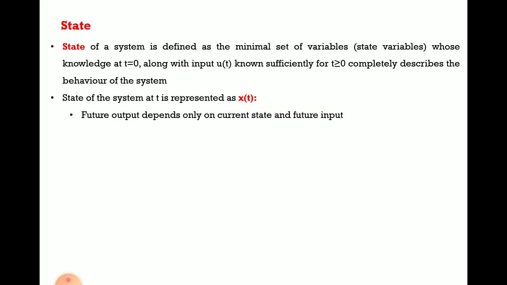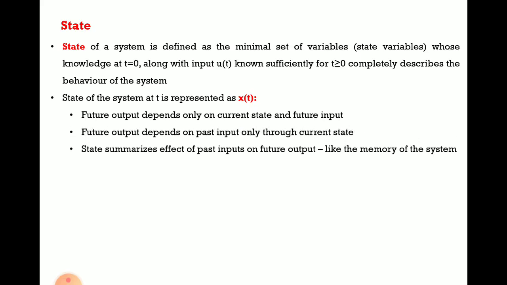Some of the basic properties of state are: future output depends only on current state and future input. Future output depends on past input only through current state. State summarizes effect of past inputs on future output, just like the memory of a system.